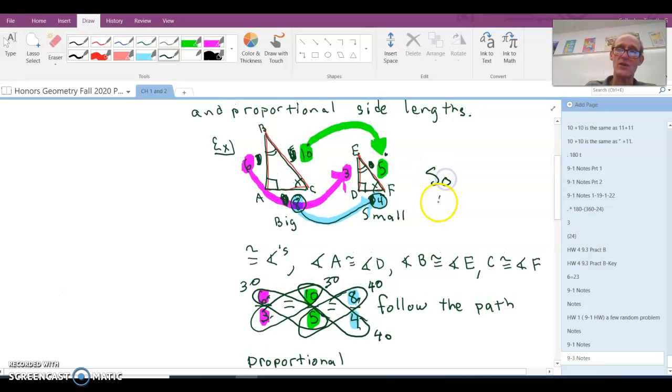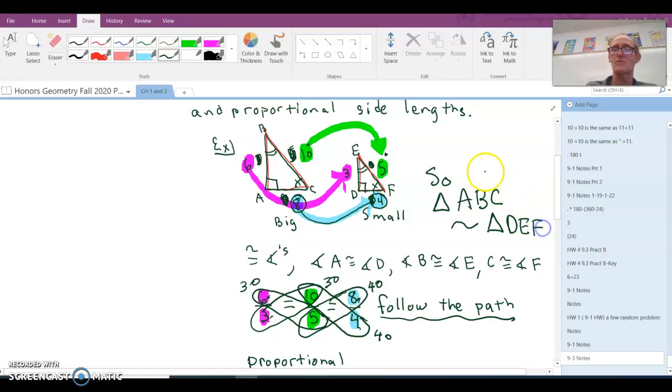So triangle ABC, similar, now that's the symbol for similar, is similar to triangle DEF. Now let's follow the same path here. A to B to C means D to E to F. Okay?